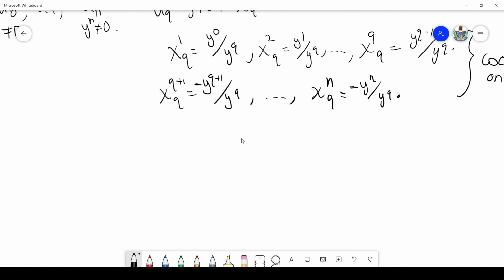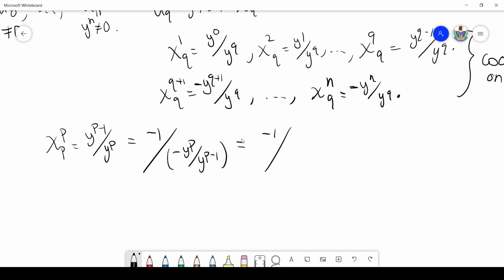So now let's look at, for each p, like 1 through n, the value xpp is just going to be yp minus 1 over yp. This is going to be negative 1 over yp over yp minus 1.